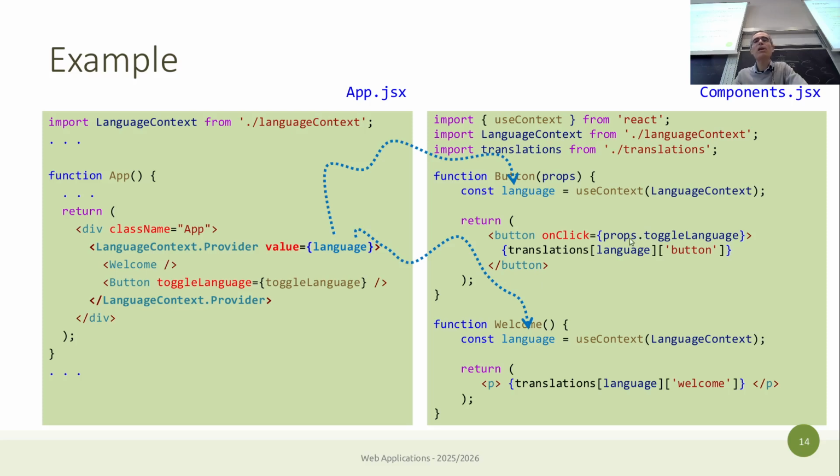One thing is passed through props, toggle language, and the other, the actual language, the value of the state, is passed through the context. Here we just need the value of the state, language, from useContext, and then there is this translation. Translation, I think, is just a global variable. Maybe not the best way of programming, but we don't really care, since these are all constants.